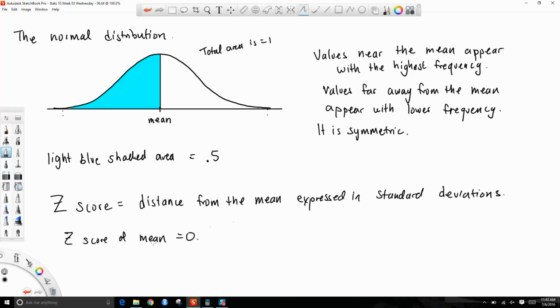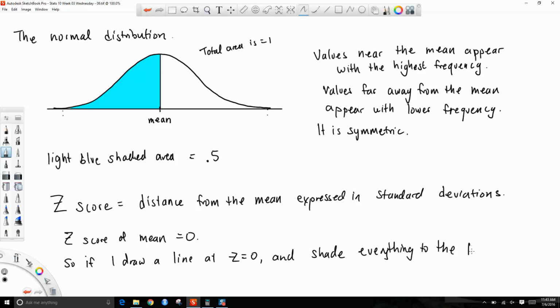Okay, so if I draw a line at z equal to 0 and shade everything to the left, the area is equal to 0.5. I just want to make sure that statement is okay.